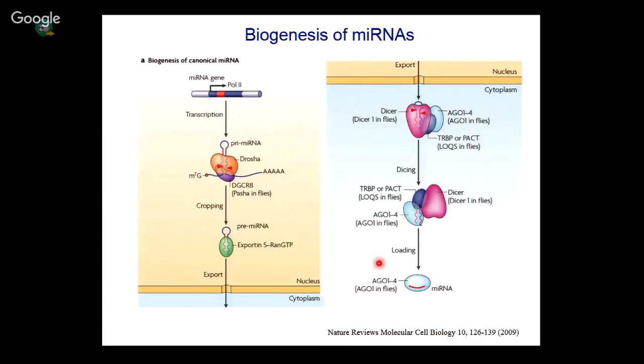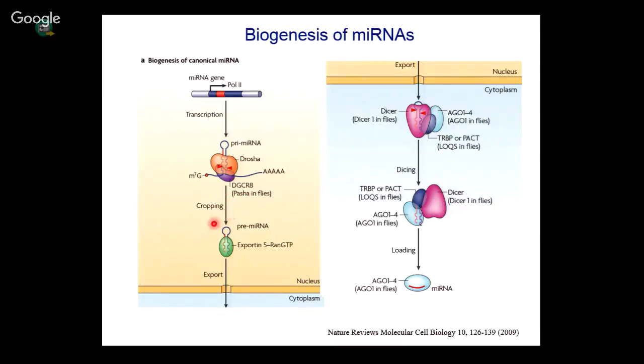So to review the biogenesis of microRNA: transcribed by RNA polymerase II, the majority by Pol II, some cases by other RNA polymerases, and then processed by Drosha and DGCR8. In fly, DGCR8 is also called Pasha, meaning the partner of Drosha.